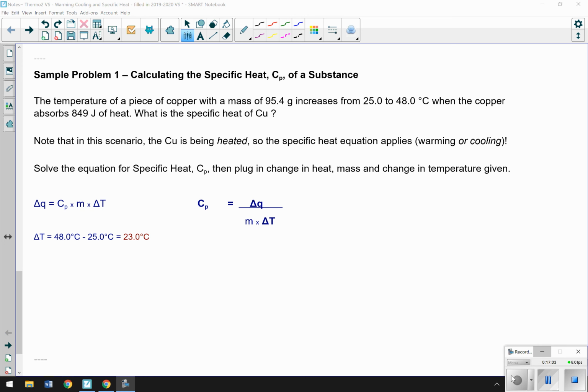All right, so in this problem, I want to figure out the specific heat of copper. So I take 95.4 grams of copper. That's my mass.